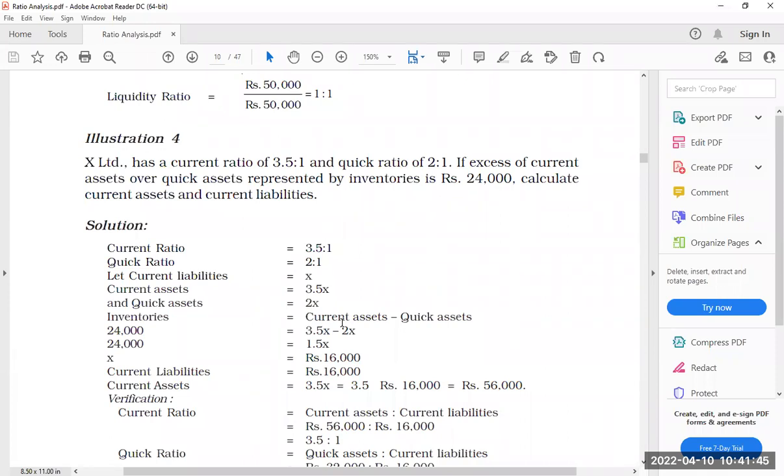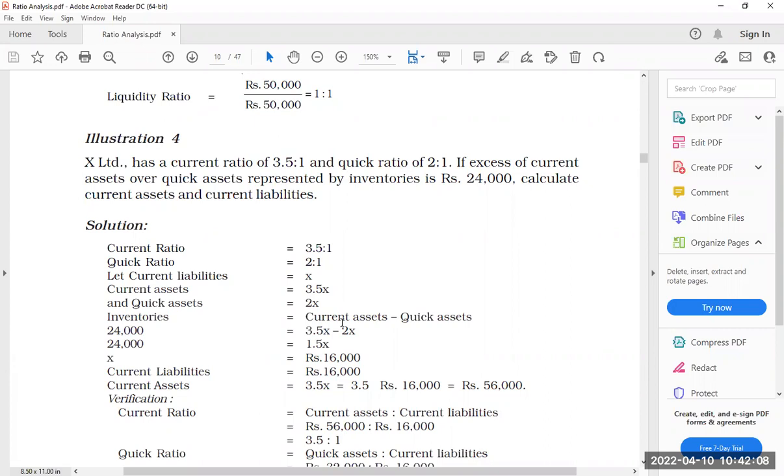Current asset, how can it be 3.5 times X? One time is current liability, 3.5 times is the current asset. If 1 is equal to X, 3.5 is equal to 3.5 times X. Simple mathematics. So 3.5X. If that is the case, what is the quick asset?